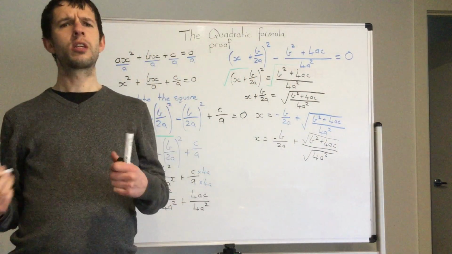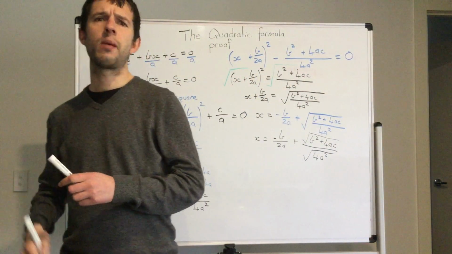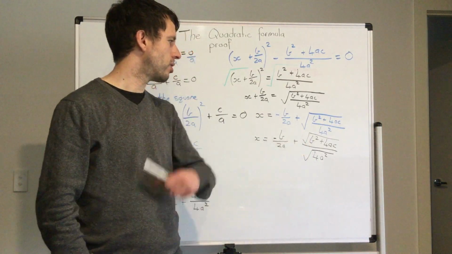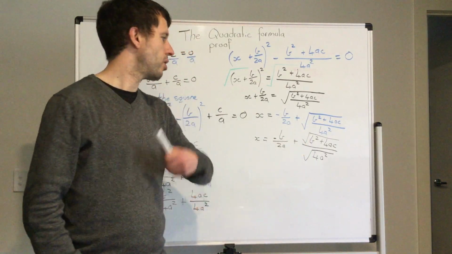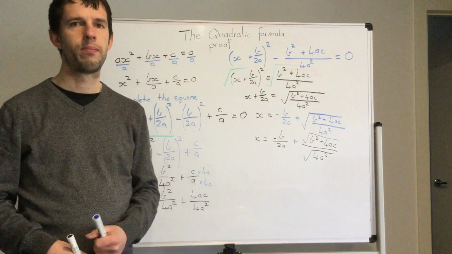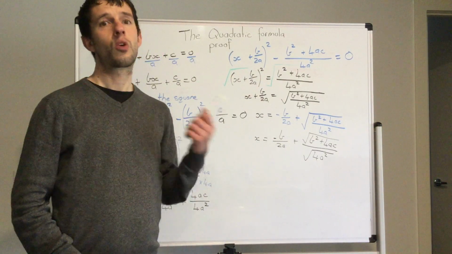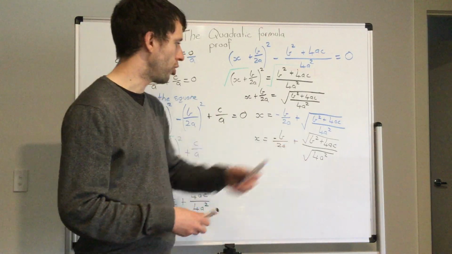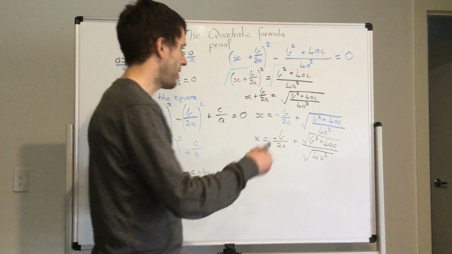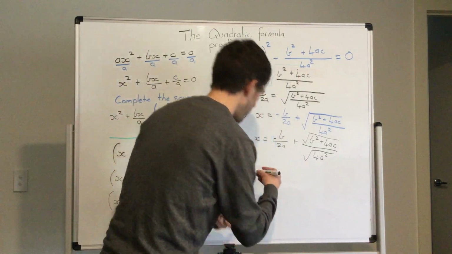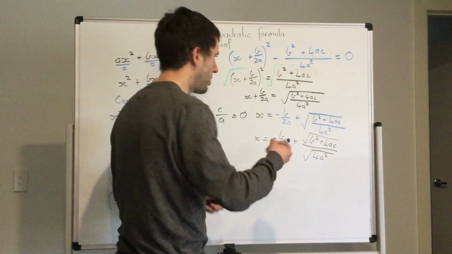Now we're almost close. So I just want you to think about when we're timesing, that just means the square root of 4 and the square root of a squared. So the squared and the square root cancel out, and the square root of 4 is 2. So let's finish that off and rewrite it.